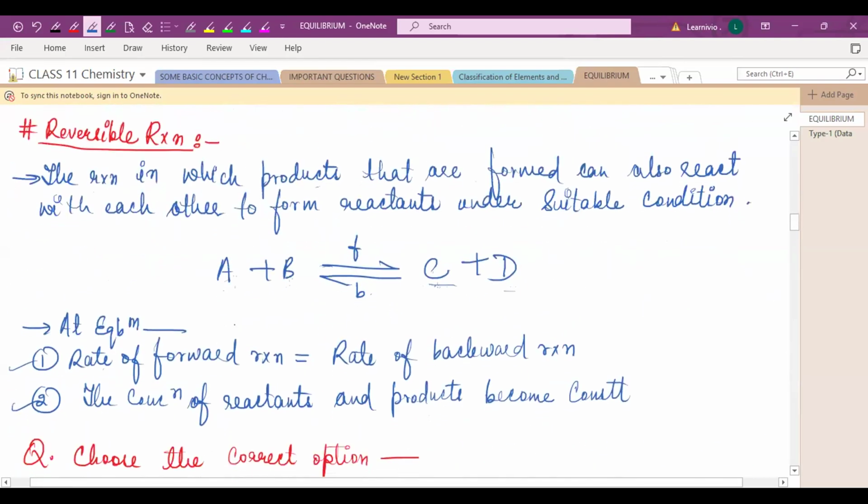Okay, now you know the reversible reaction, the definition part, and this question.